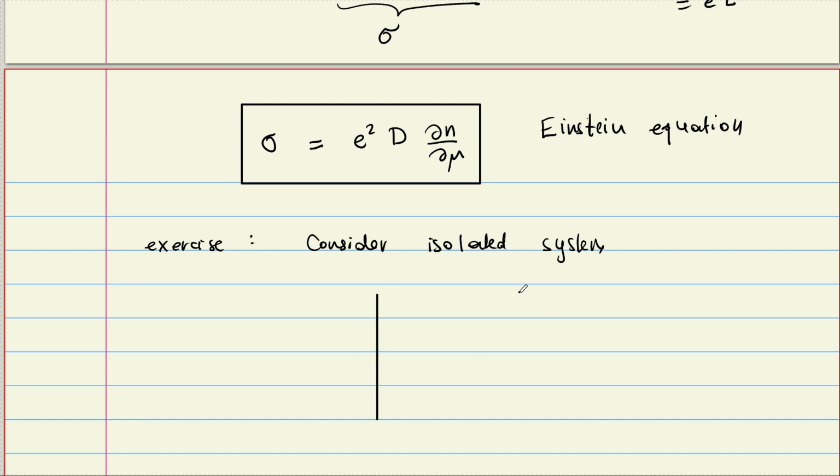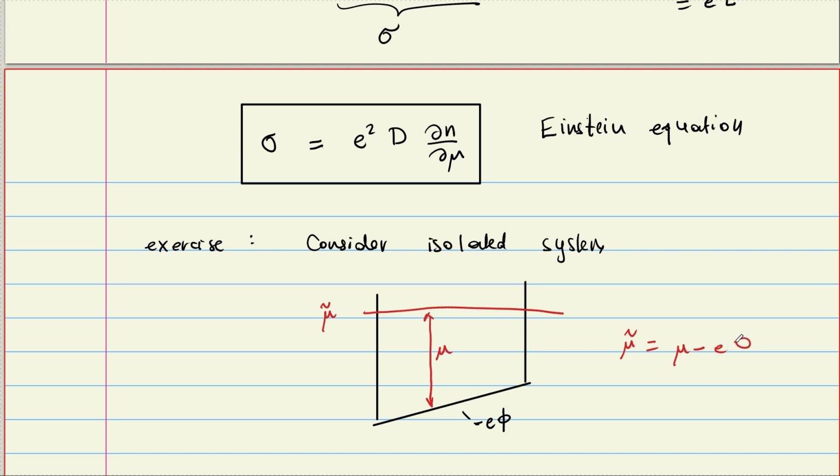There are hard walls, like a particle in a box, and inside this box you write some minus E times phi. You put some electric potential, and there's some chemical potential. So mu tilde for this, and your chemical potential is the distance to here. So mu tilde is equal to mu minus E times phi.